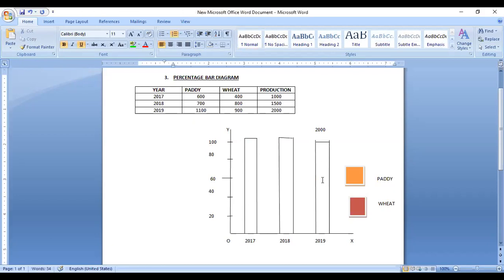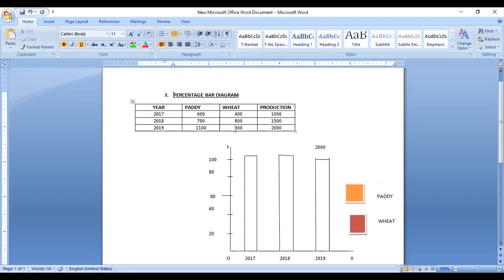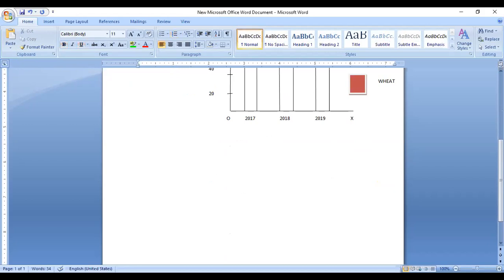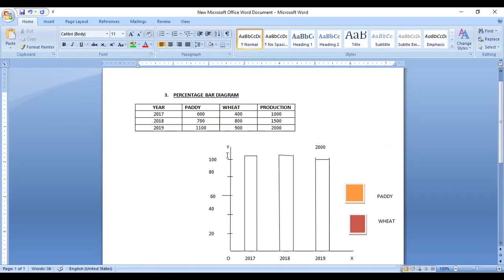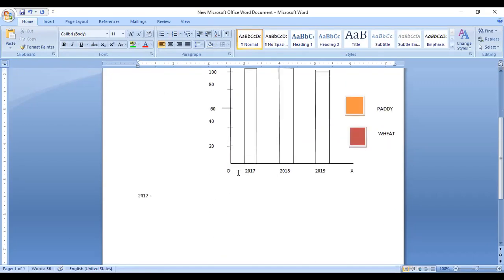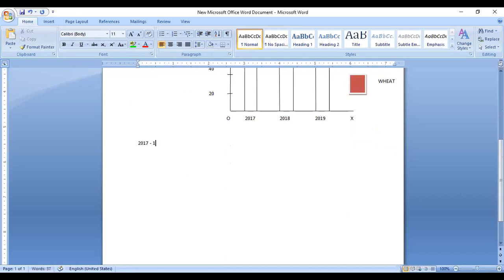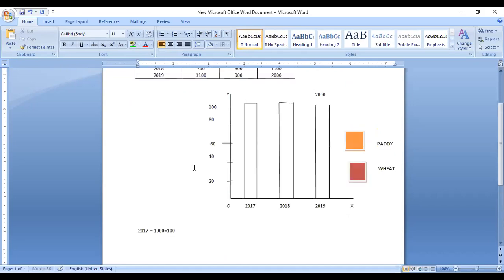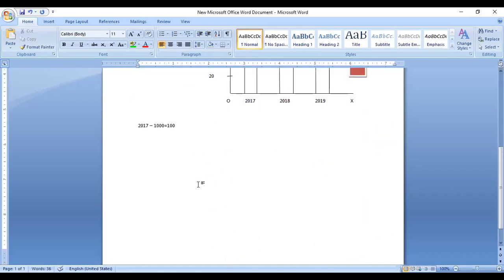Now I will tell you how to convert. The first one, production 600, 400, 1000. In the year 2017, the data total of 1000 should be made equal to 100. So 1000 is equal to 100. Then paddy is 600 tons. 600 is equal to how much?